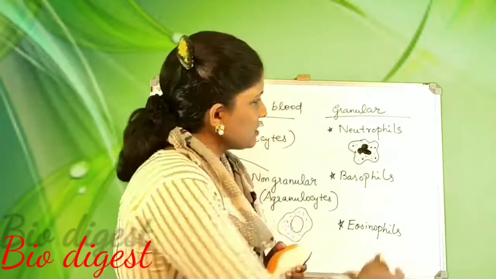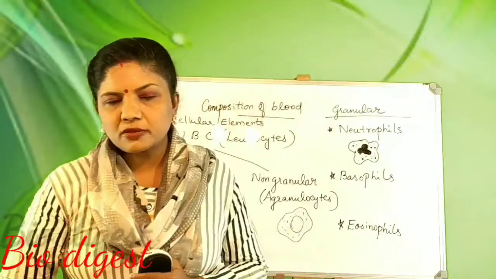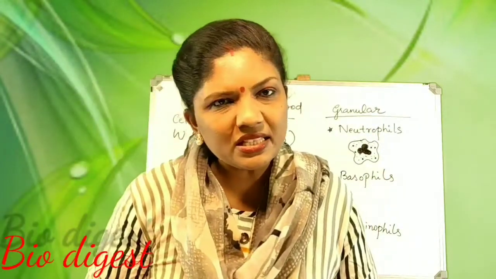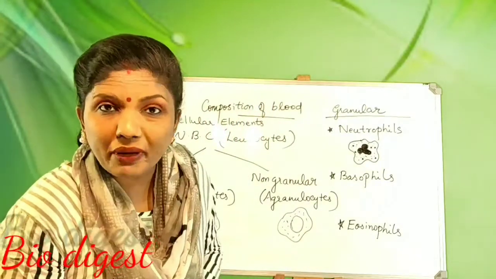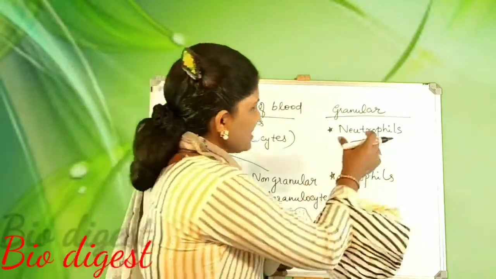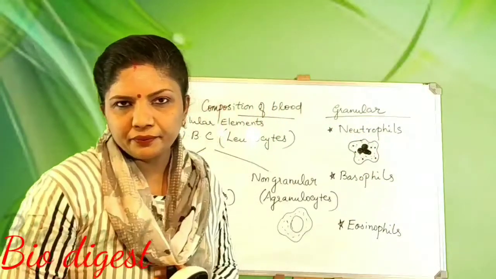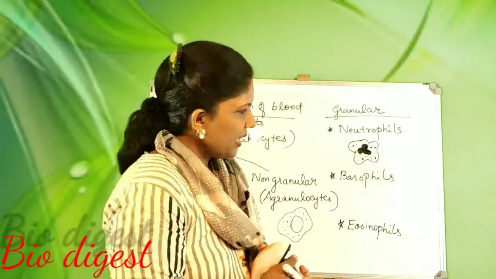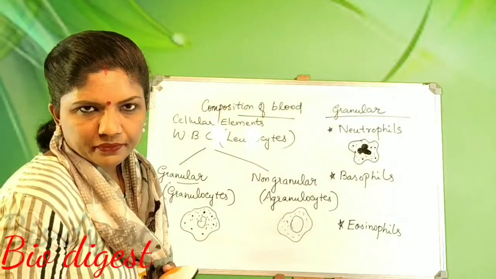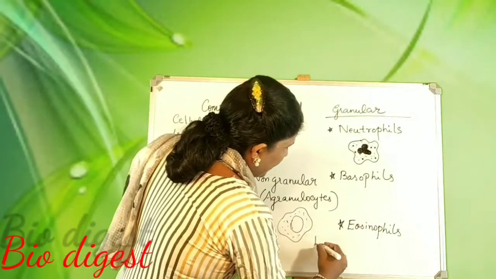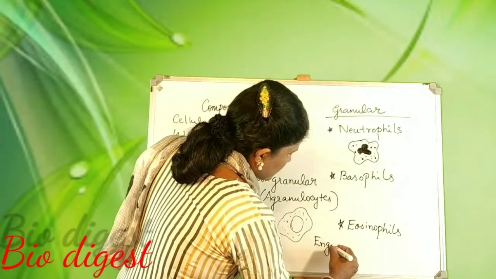Then where are these WBCs produced? All these WBCs, that is the granular WBCs, are produced in the bone marrow. What is the function of neutrophil? Neutrophil has a particular function that it carries out. It will be engulfing solid particles.